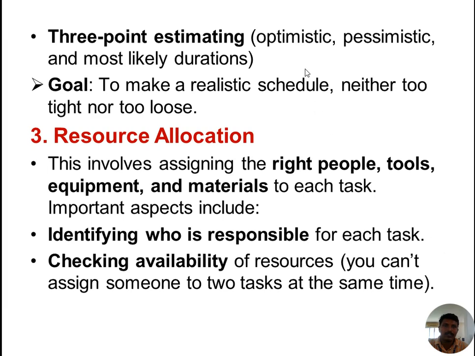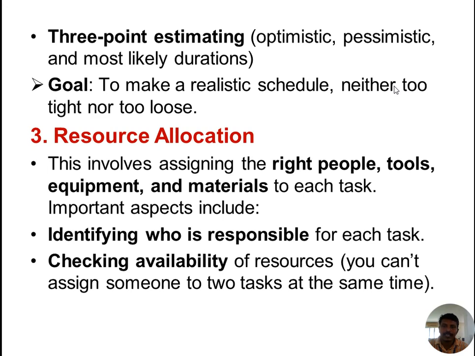Here the time is estimated with the help of the optimistic, pessimistic and most likely times, like T is equal to (O plus 4M plus P) by 6. This formula is used to calculate the time required for each and every task or activity.